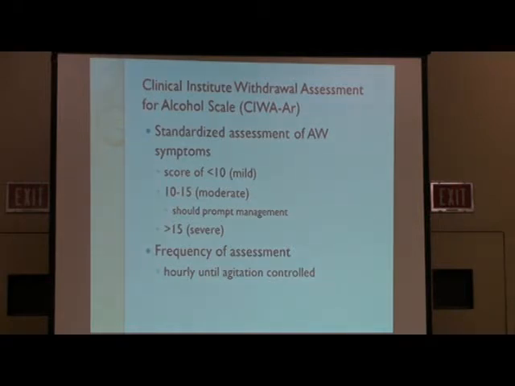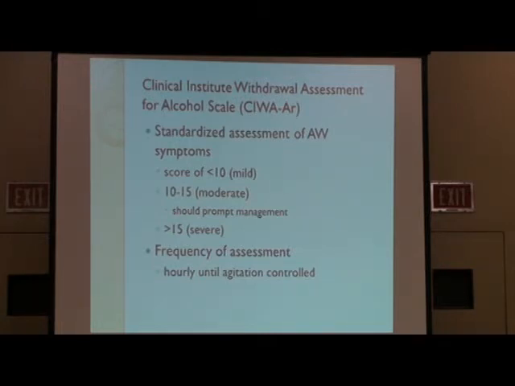There are different scales available to assess the severity of alcohol withdrawal. This one is very popular and used in many institutions: the Clinical Institute Withdrawal Assessment for Alcohol Withdrawal. It's essentially a big questionnaire where the patient is asked a number of questions about their alcohol history and how they feel, various symptoms.